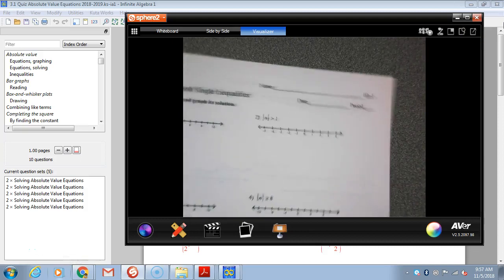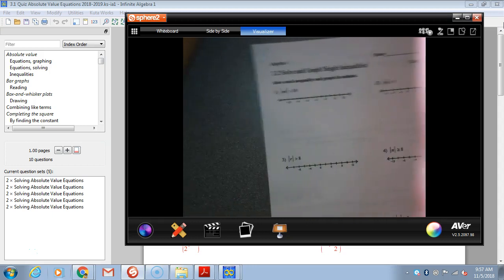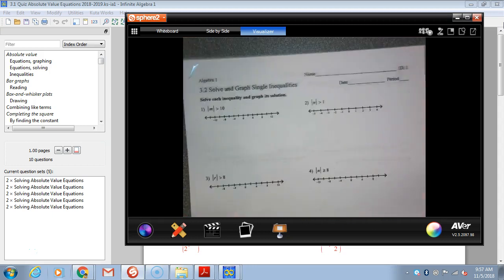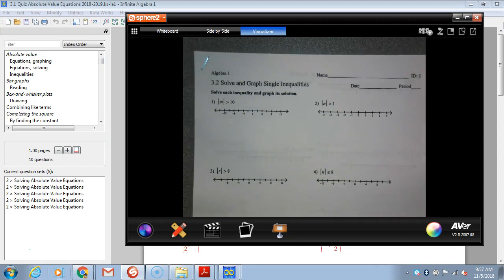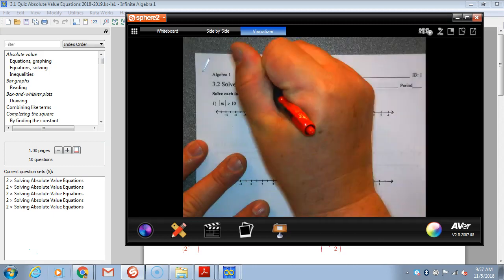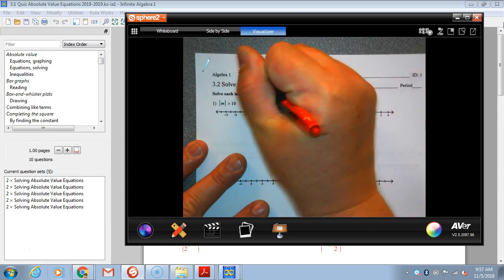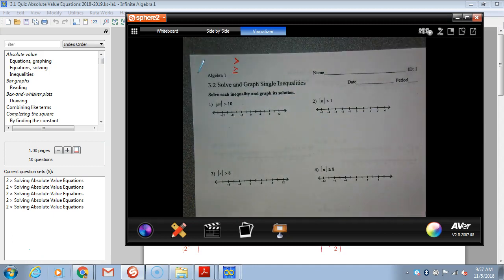Because we don't have just absolute value equations anymore. We have absolute value inequalities. Now, if you remember your inequalities, we have actually 4 of them. These are greater than.